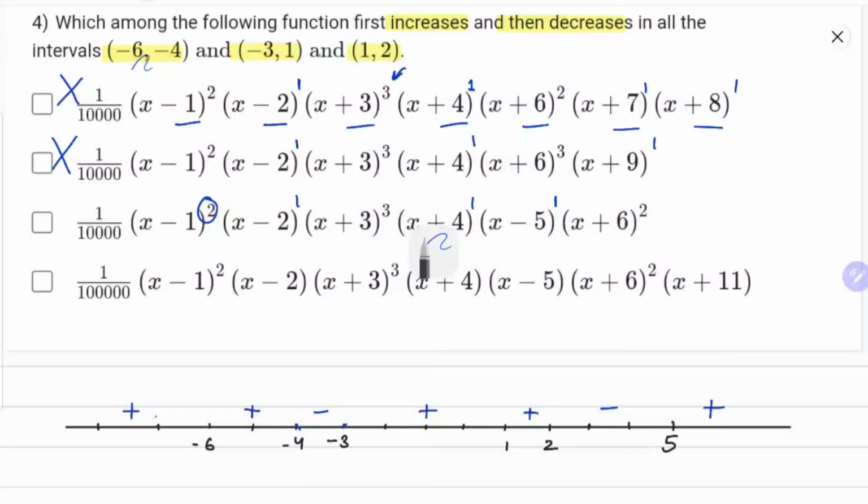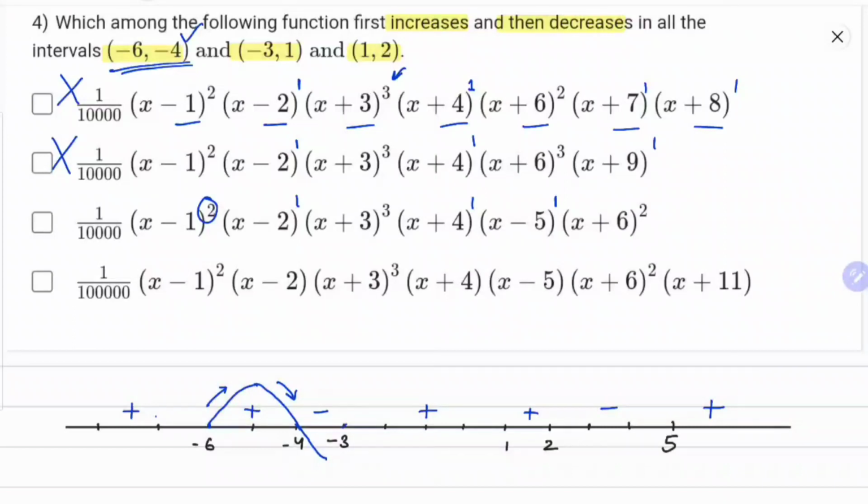Okay, so again let's check out minus 6 to minus 4. We can clearly see at minus 6 it is going to touch the x-axis, then it is positive, and then it is again going to touch the axis, and then it is going to be negative. So you can clearly see in minus 6 to minus 4 it is first increasing and then decreasing, so this satisfies.